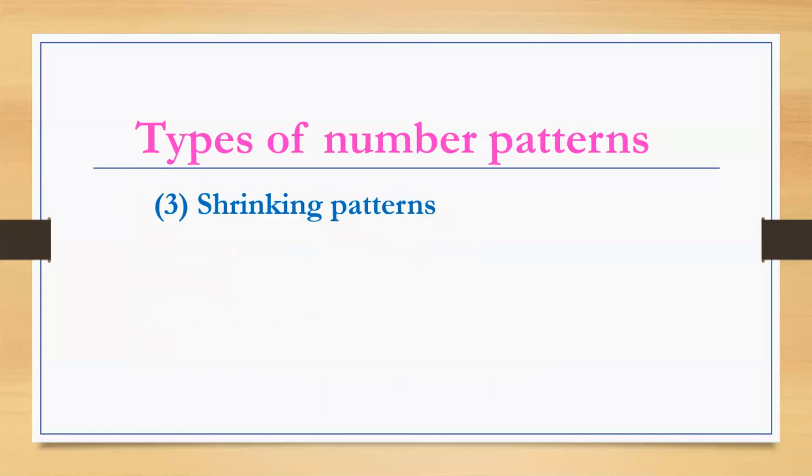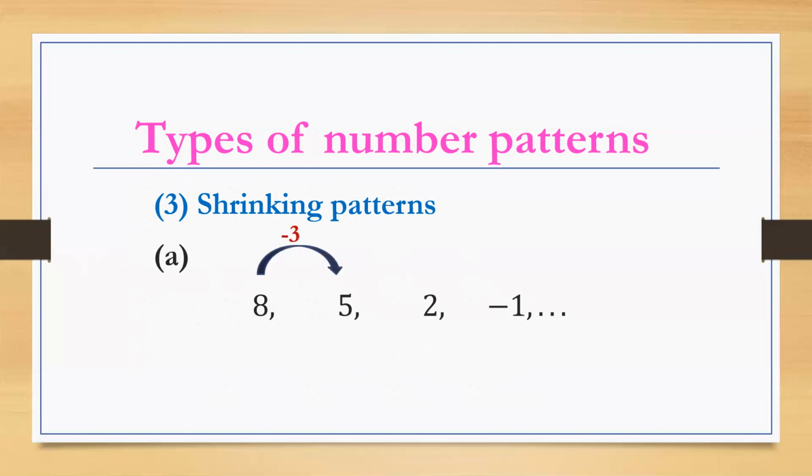The third one is the shrinking patterns. So here, in a shrinking pattern, the numbers will decrease in an orderly and predictable manner. Look at this example, 8, 5, 2, -1. You can see that the numbers are decreasing.